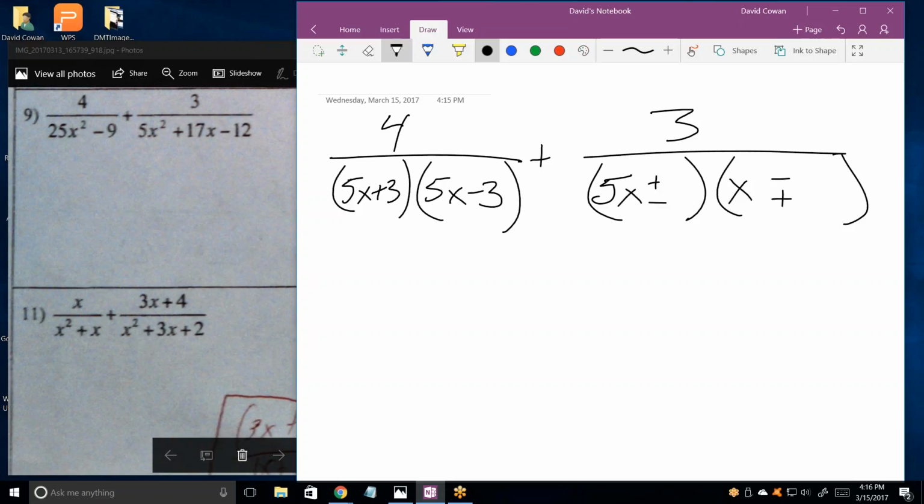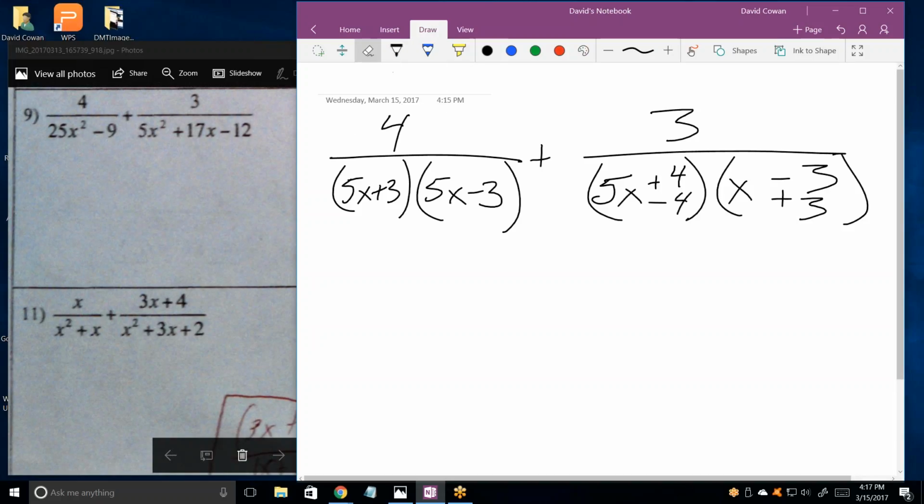And now factors of 12. Well, I'm pretty sure my factors are going to be 4 and 3. See if I can produce 17. Well, 4 and 3 does not produce 17. That produces minus 12. How about 4 and 3 there? That produces plus 12.